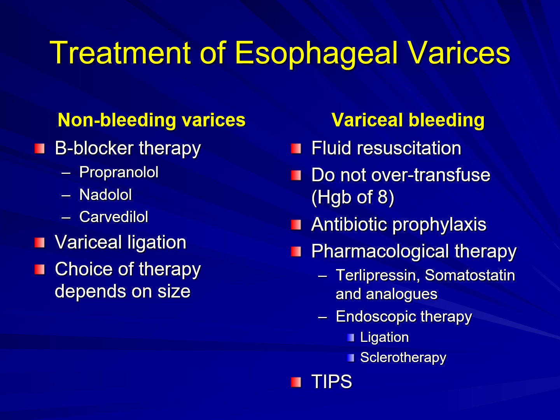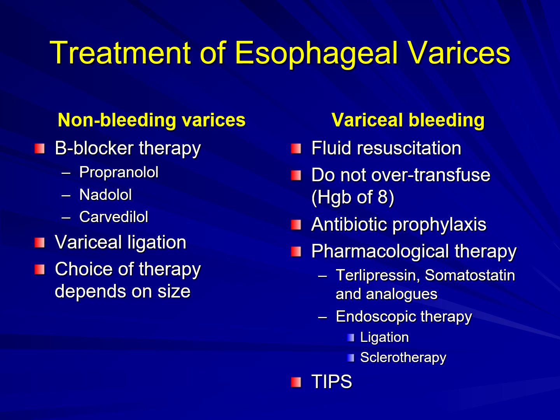If the varices are bleeding, we first have to resuscitate the patient. We can give blood transfusion, but we should not over-transfuse, because if we over-transfuse, the pressure within the portal system will continue to rise and will lead to more bleeding. We give antibiotics to prevent an infection, and then we give medications that will decrease portal hypertension, like terlipressin, somatostatin, and octreotide analogs.